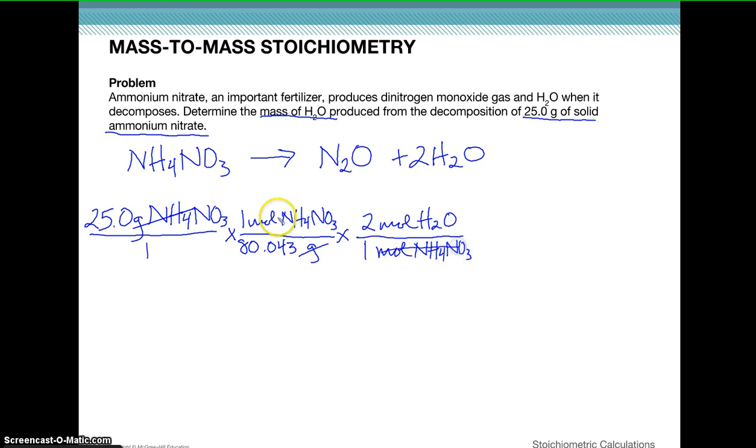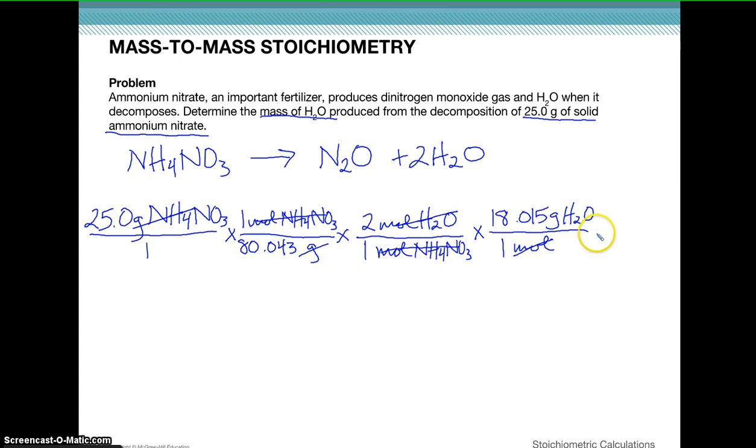Okay, so those moles are going to cancel. And now we want to get the mass of H2O. So the last thing we do is the molar mass of water, which is 18.015 grams of H2O per mole. So those moles cancel. We're left with grams of H2O.